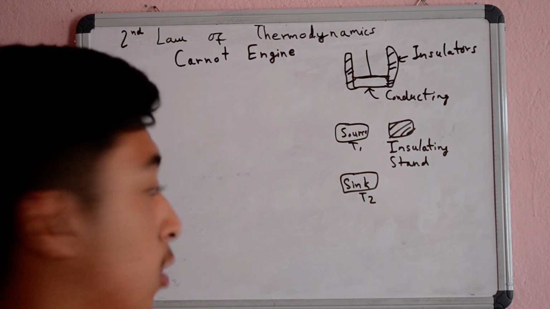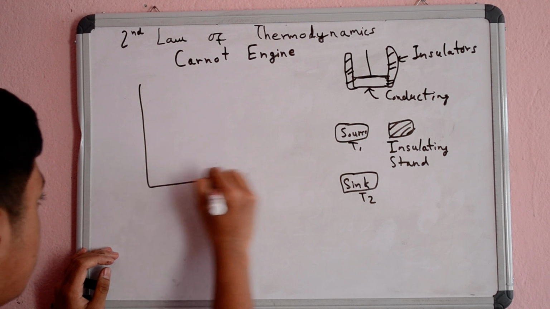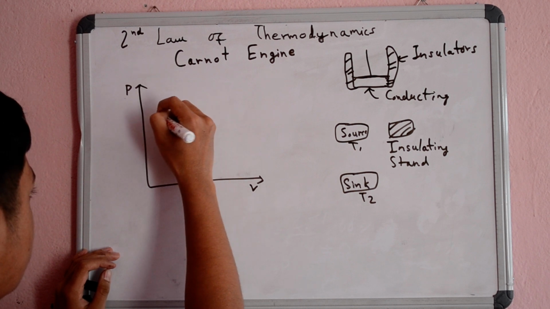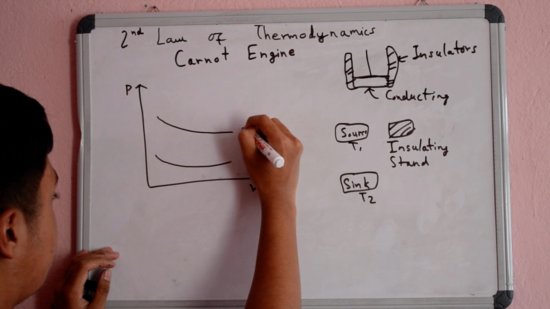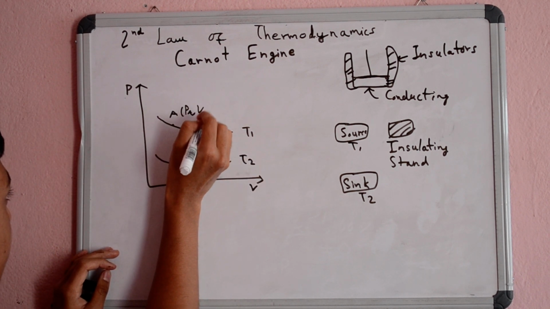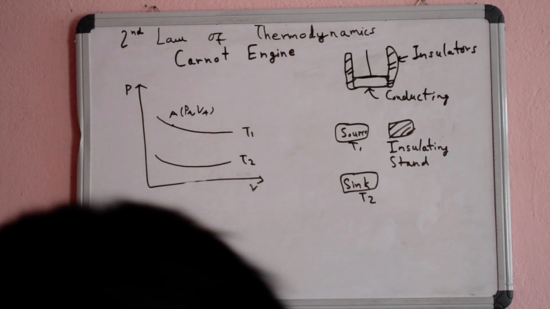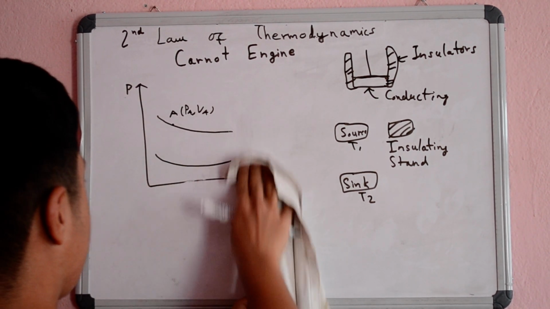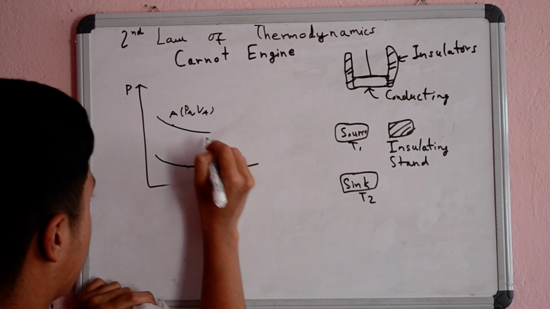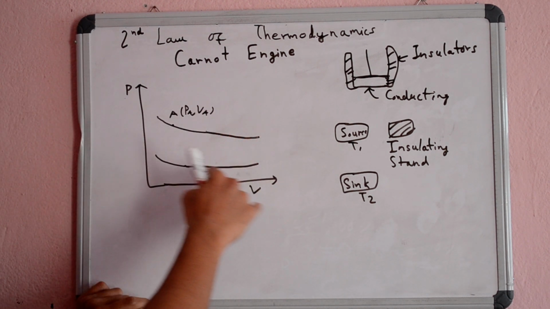Now I'm going to draw the Carnot cycle for a graph and then explain the graph. So first we have the pressure volume axis, and first we have temperatures like this: temperature T1, temperature T2, and we have a point A with pressure PA, VA. Temperature, volume, this is always declining by the way.